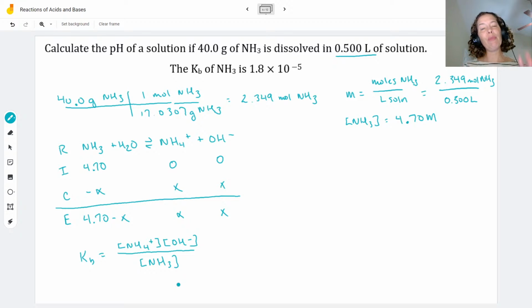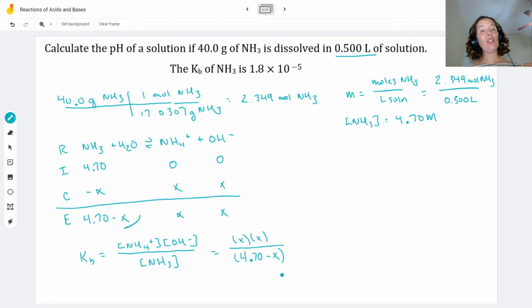Okay, so again, I am just going to take the concentrations from my table, even though they have X in them, and just plug them into this expression. So my concentration of ammonium is just X. My concentration for hydroxide, again, is also just X. And my concentration for ammonia is this expression over here. So I'm going to put this in right here, minus X.